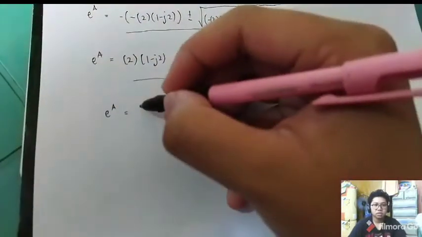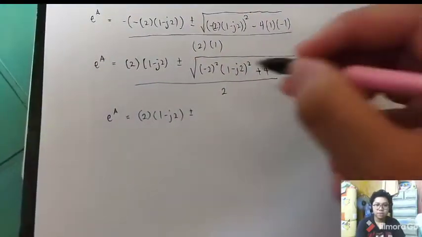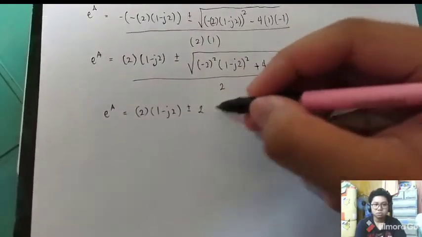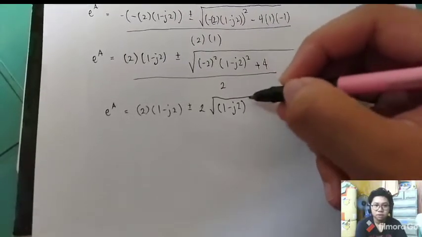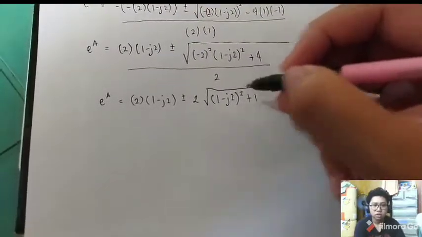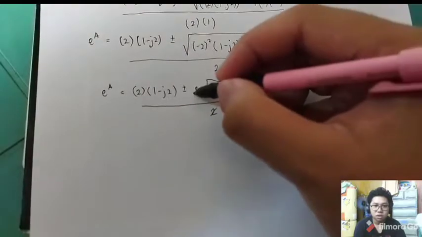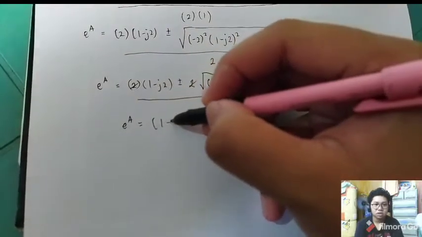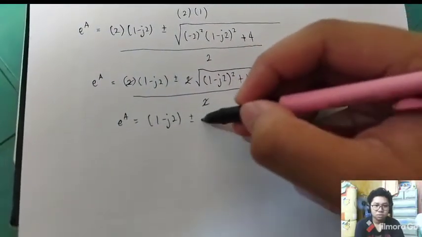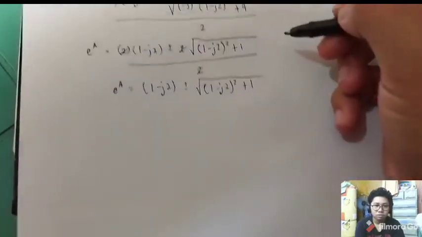And then e raised to a is equal to 2 times 1 minus j2 plus minus the square root, and we have a common factor, that is 4, so take the square root, that is 2, and the remaining is plus 1, and the 2 will cancel each other. And e raised to a is equal to 1 minus j2 plus minus the square root of 1 minus j2 squared plus 1.